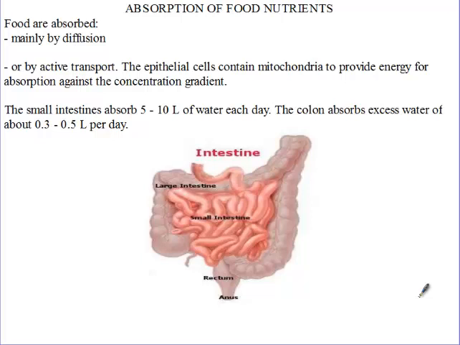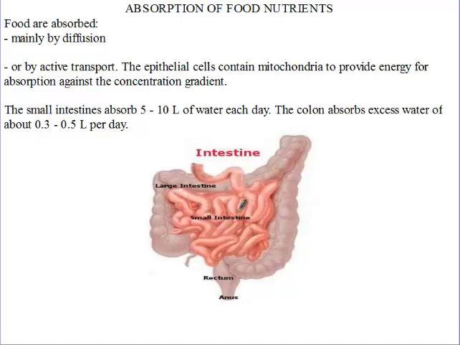Now, let's see the exact procedure of absorption. Absorption is done mainly by diffusion. After digestion, the concentration of food nutrients in the small intestine will be higher than in the bloodstream.